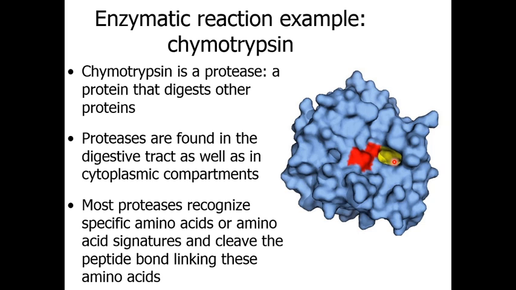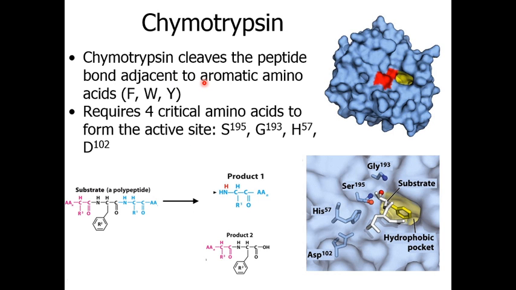The yellow colored region is where the substrate binds. Chymotrypsin cleaves the peptide bond adjacent to aromatic amino acids. And these three are aromatic amino acids, right? Phenylalanine, tryptophan, and tyrosine.